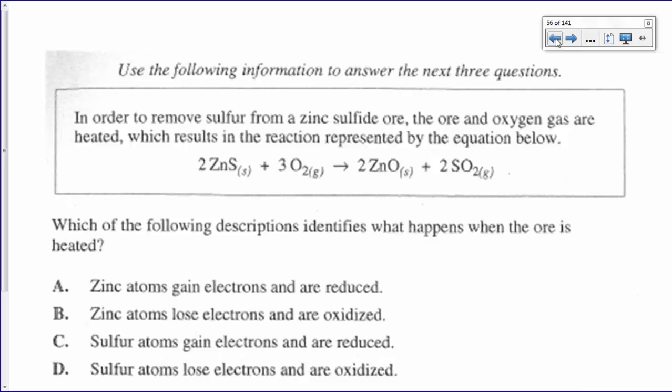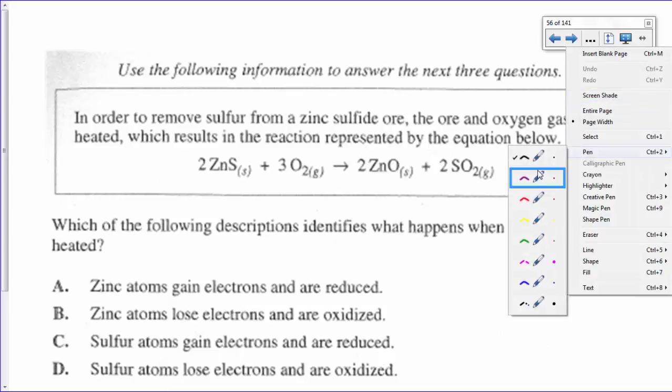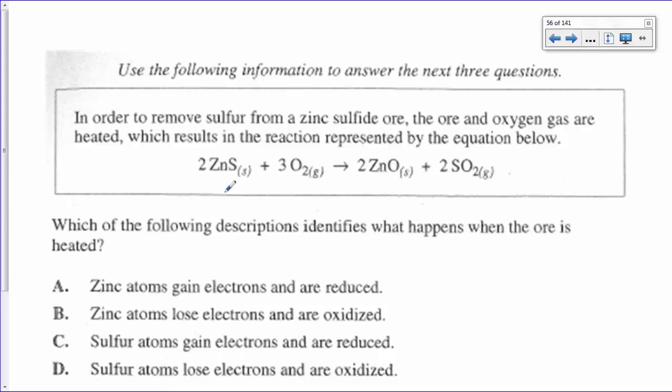The question basically asks what's going to happen to the ore that's here. You've got your zinc sulfide and your oxygen gas. It turns into your zinc oxide and sulfur dioxide. One of the first things I showed you is that we can keep track of what's happening by figuring out charges. So zinc will be a 2+ charge.